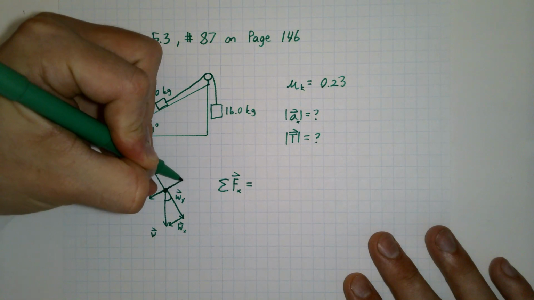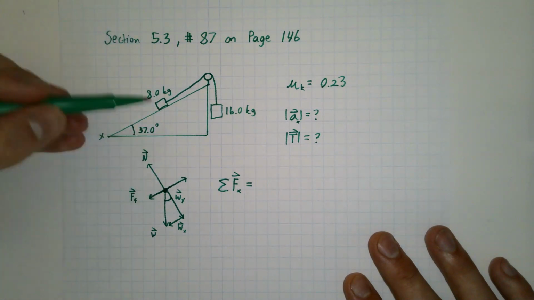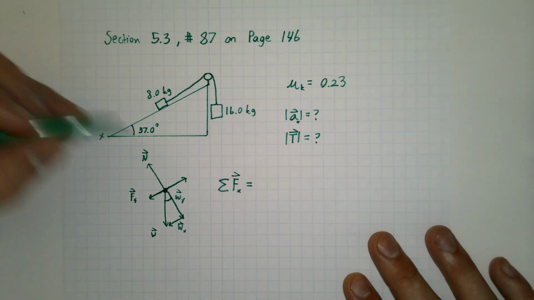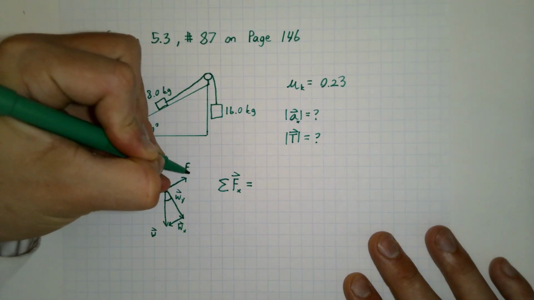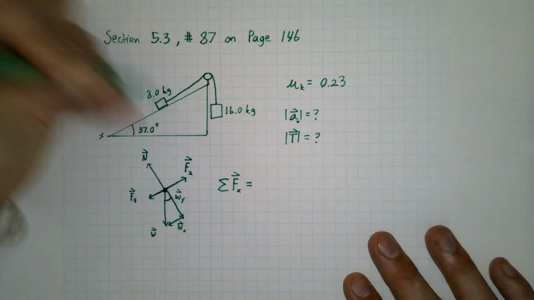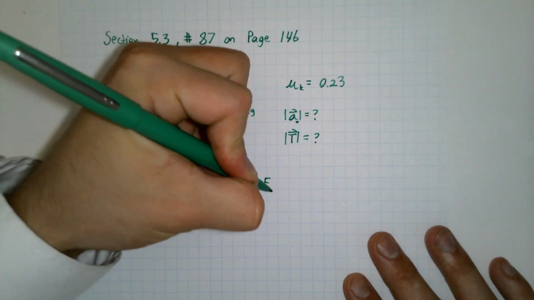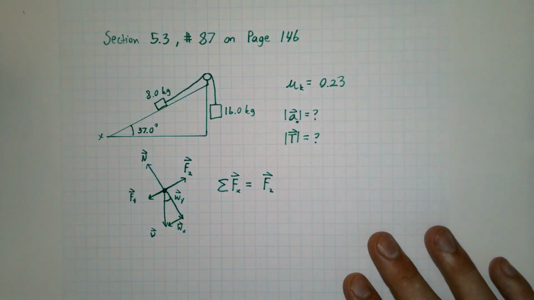There's one force I neglected, and that is this force pulling the block up the incline, and that is the force of block B. We'll call that force 2. So we have the force of block B, force 2, that's pulling us up the incline.